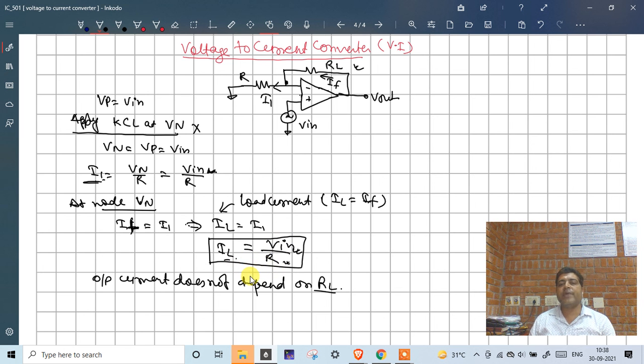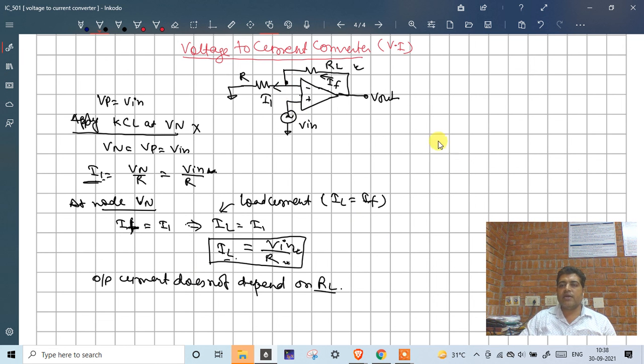And this is a practical application. We can use this particular circuit to make a measuring device. We are measuring the current coming from the voltage source. So we are going to have a voltage source here, and in place of RL we are having the ammeter.